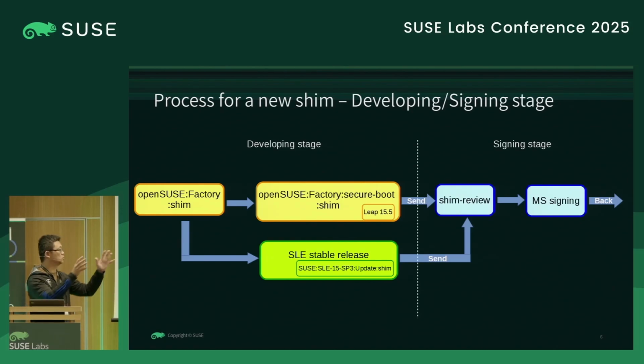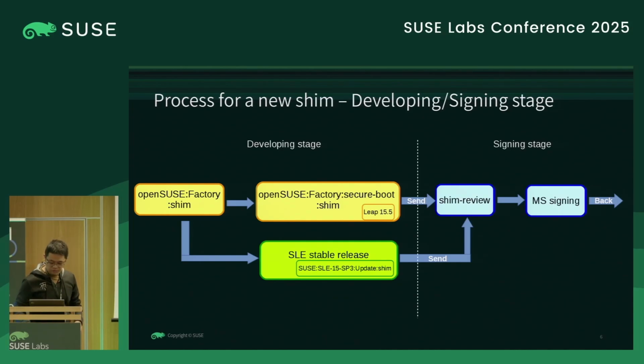Shim will be sent to the Shim review, so the community closely reviews each other and tries to earn more credit. We are trying to continue to contribute, but currently it does not help to increase the speed of the signing. We are still finding a way.